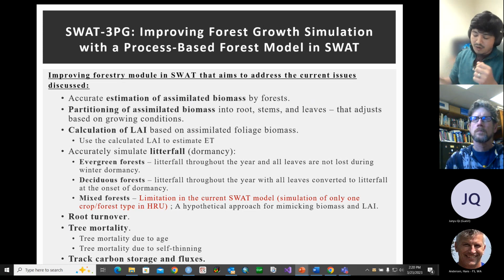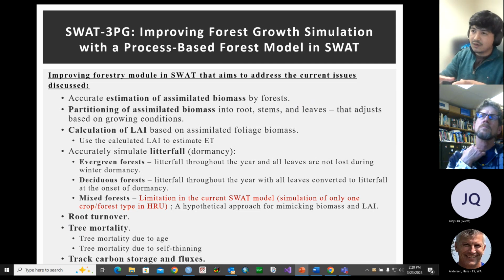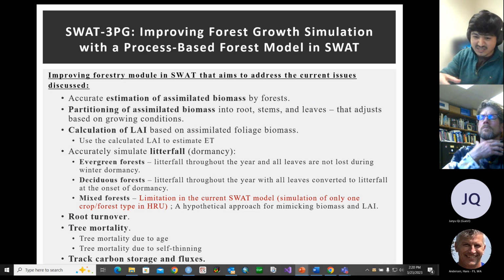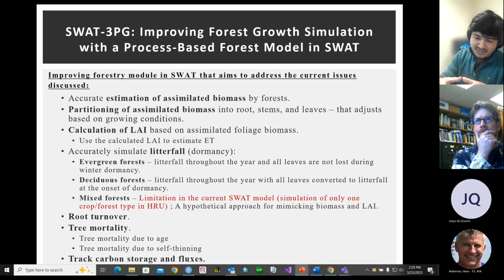One thing to note is the way SWOT works, in the current version, it does not allow multiple forests to grow in the same HRU. When we say HRU, in SWOT, it's the basic unit where all the different processes are simulated, right? But a mixed forest system is basically multiple forest systems in the same area, right?